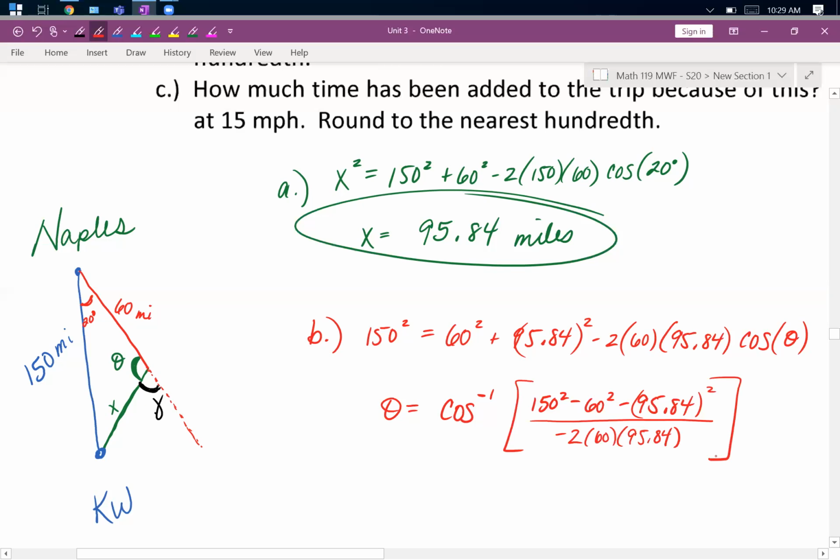Personally, I would just plug that into my calculator. Be sure that you have your numerator and denominator in parentheses if you choose to plug it all in at once. If you're not comfortable with that, you can do the cleanup, but be careful about how much you're rounding.